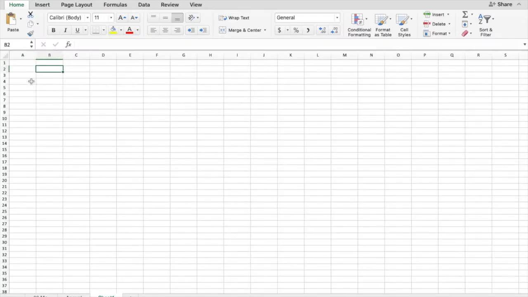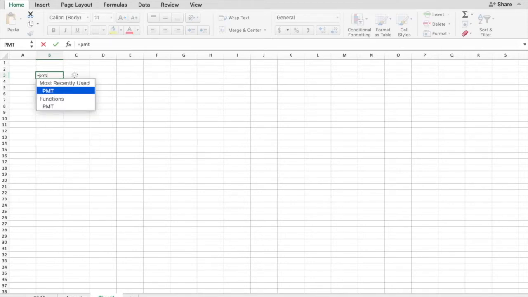Looking at Excel, all we have to do is find the payment formula. You can do this a couple of ways. You can hit the equal sign in a cell and type in PMT. Once you put in PMT and a parenthesis, it's going to ask you for the different things that are needed. Our rate is what it wants first.